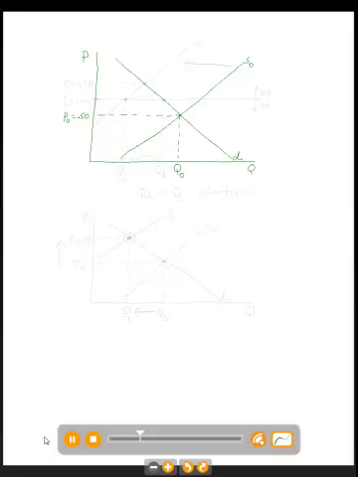Now what ended up happening was when the government installed the price ceiling for gasoline, and let's just put that right here, that is PC, let's install the price ceiling at $1. I'm going to draw a solid line all the way across this graph, because this price ceiling denotes that any price below $1 is okay, but any price over $1 is simply not allowed in the market.